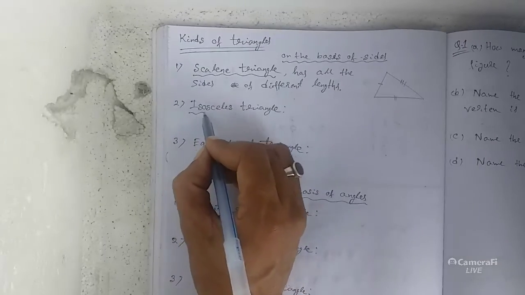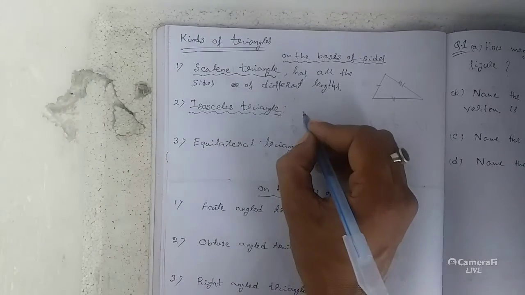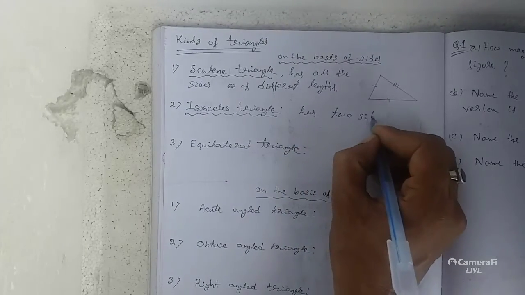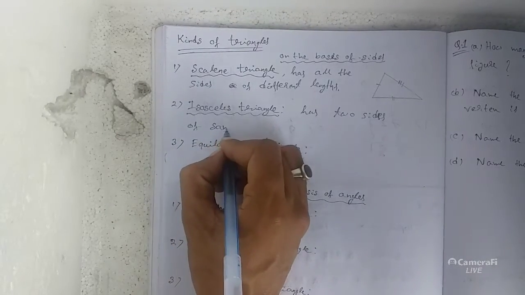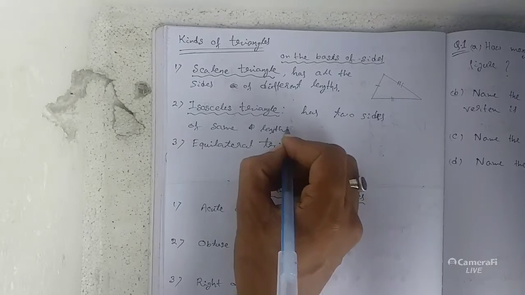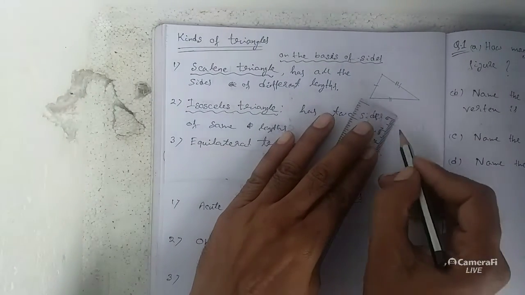Second, isosceles triangle. This type of triangle has two sides of the same length. What type of figure is it?